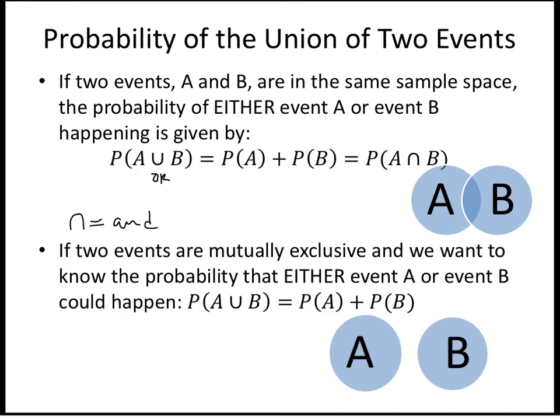And remember in a previous video I said AND means multiply and OR means add. Here's what we're talking about with that. So the probability of A union B happening is the probability of A plus the probability of B, right?